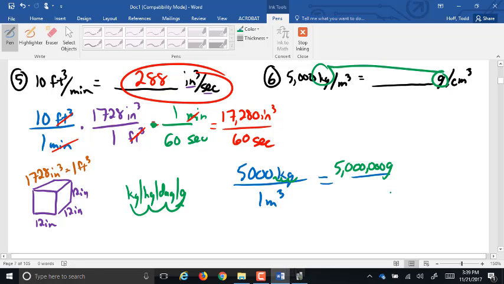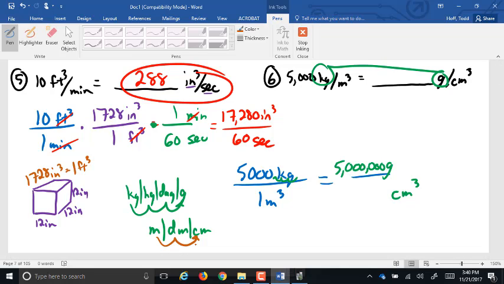For the meters cubed into centimeters cubed, meters to centimeters is just 2 spots to the right on the chart. However, this is not meters and centimeters, it is meters cubed and centimeters cubed. How does that change things?